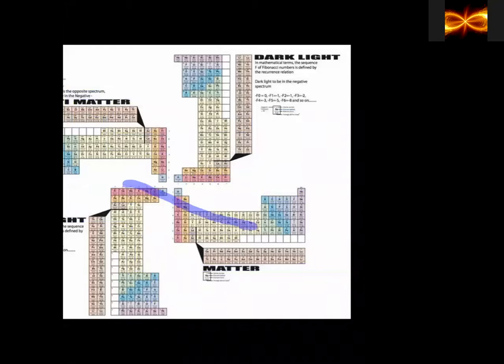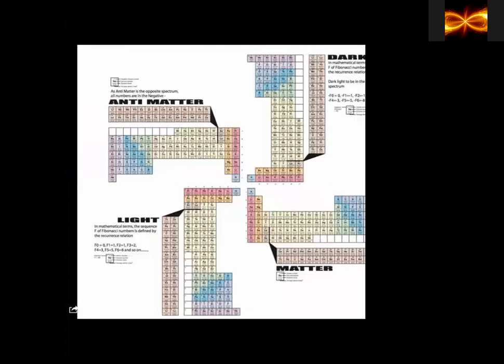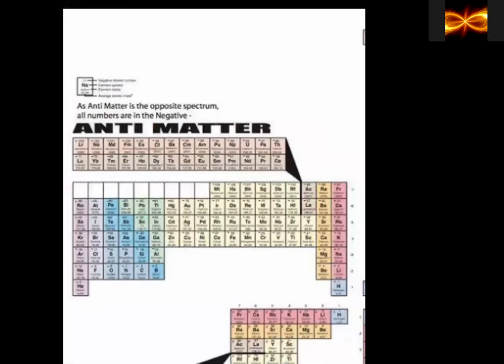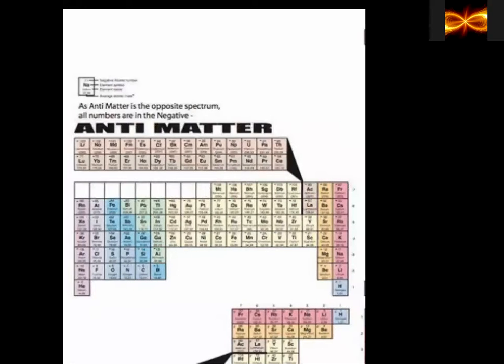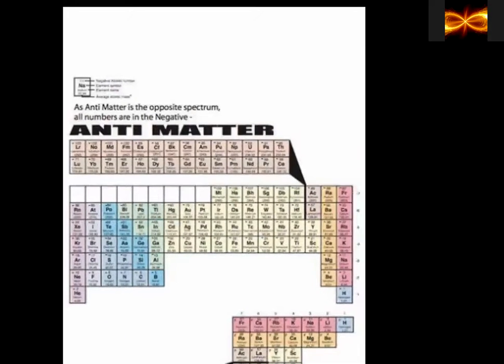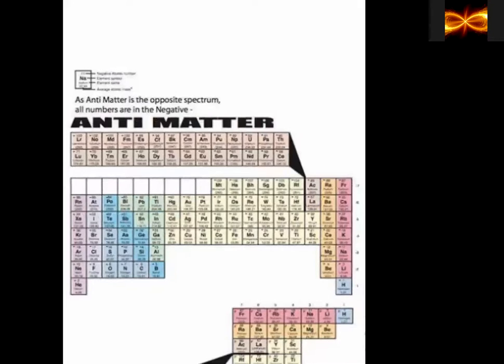So whatever exists in matter form must exist in dark matter form, also known as antimatter or nanomaterials, things like that. Anything that has the negative polarity of matter. That's what we're working with here.